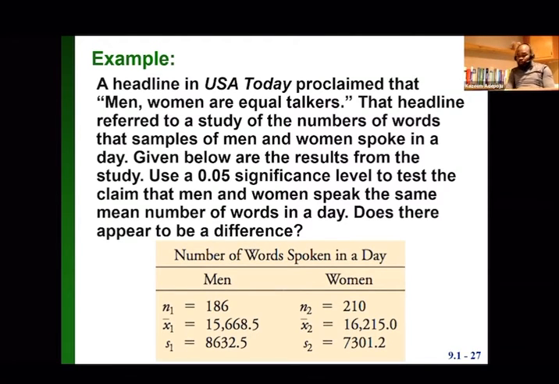Use a 0.05 significance level to test the claim that men and women speak the same mean number of words in a day. Does there appear to be a difference? This is the data set we collected on men and women, the words spoken by men and women. We actually want to see whether men and women, on average, are equal talkers.